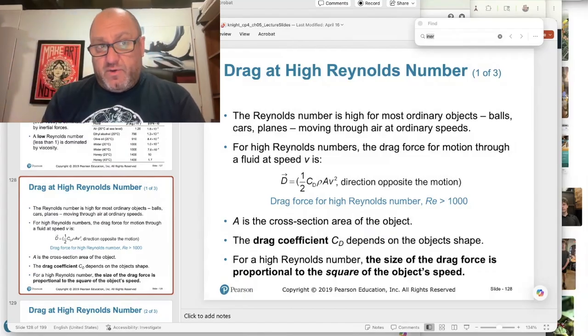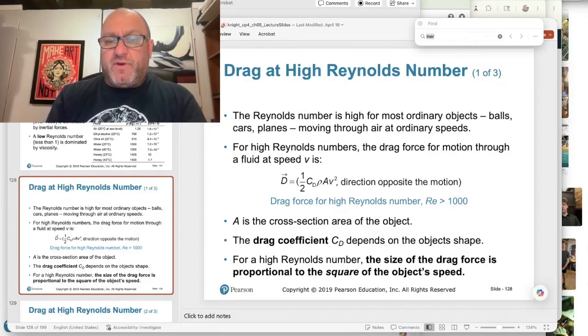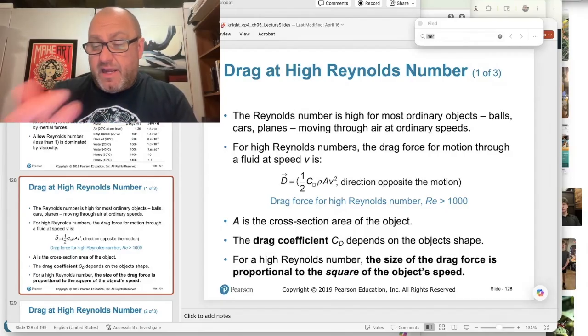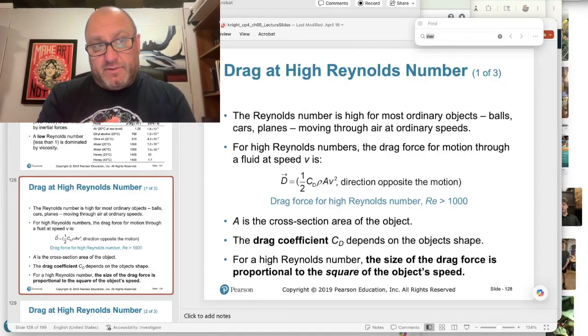So here on the screen, the force of drag equals 1/2 times the coefficient of drag times rho, the density of the fluid or air that the object is moving through, the object's cross-sectional area, and its velocity squared. Okay, that's the force of drag.